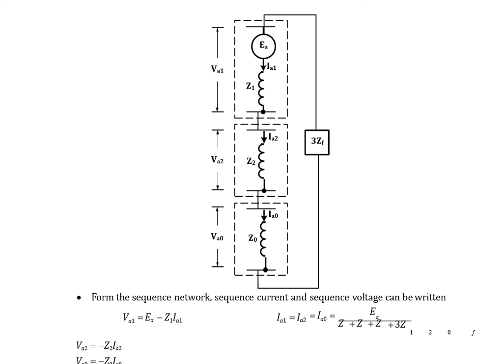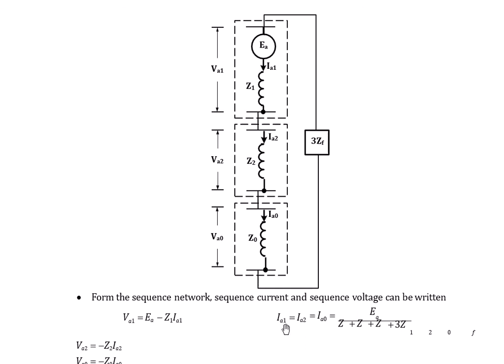So from the sequence network, the sequence current and sequence voltage can be written like this. Va1 is equal to Ea minus Z1 into Ia1. How can we write it like this? By applying KVL in this circuit. We can say that the total Va1 is the sum of Ea and the voltage drop in this impedance.